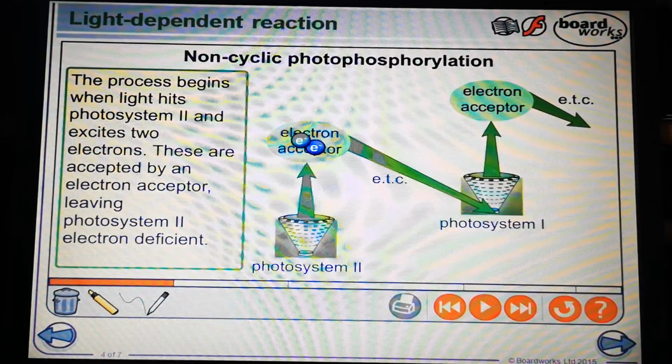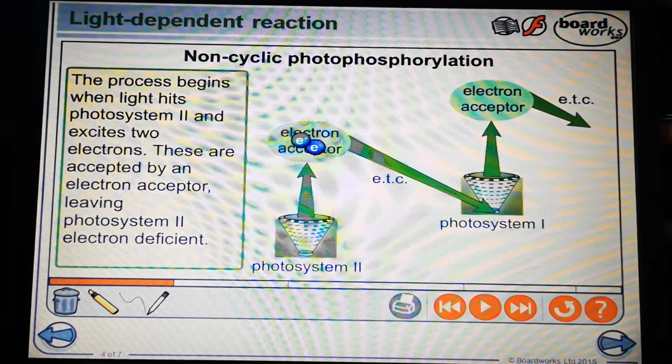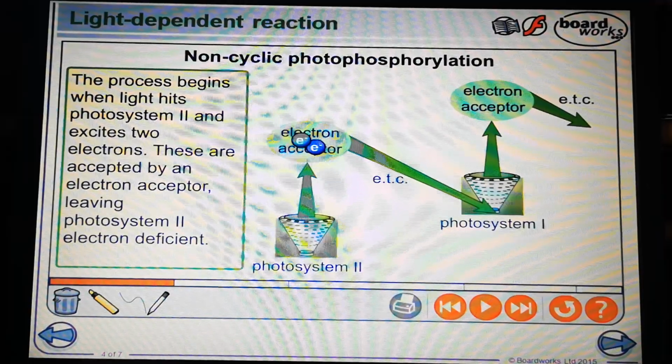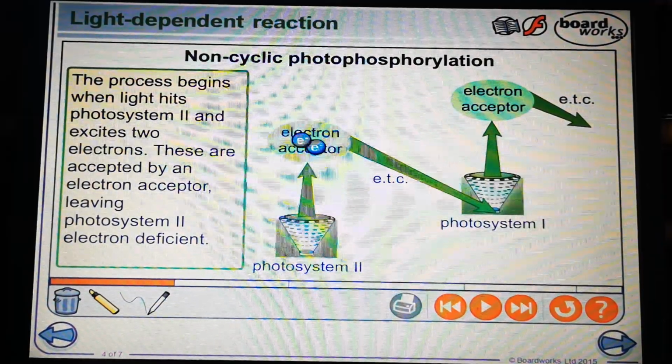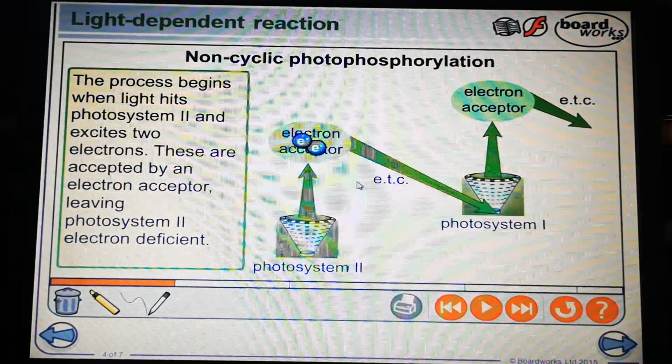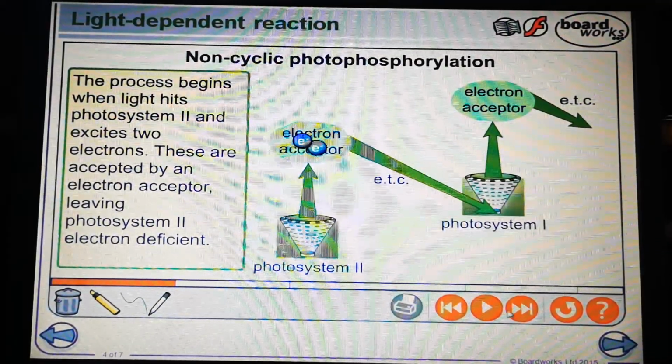And then from that molecule, it's going to be passed on to another molecule, and then another one, and then another one. So you're going to have a series of reduction and then oxidation along all these molecules embedded within the thylakoid membrane. All of those molecules there make up what we call the electron transport chain.